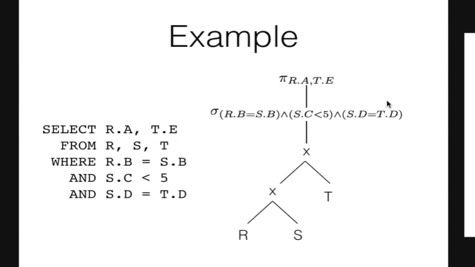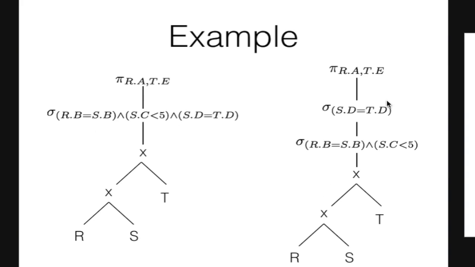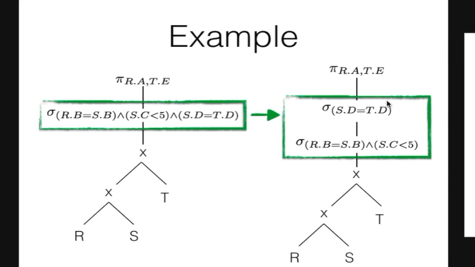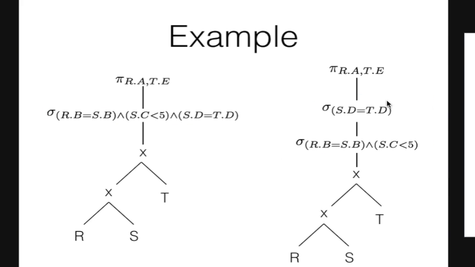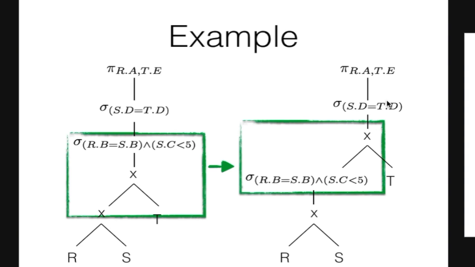All right, so basically anytime I have a selection sitting on top of a cross product, I can split it up into three parts: the parts I can push down into the left-hand side, the parts I can push down into the right-hand side, and the parts I can't do anything with. And then going step by step, I can split it up, and then I can further split that up to push different selection operators down into each side.